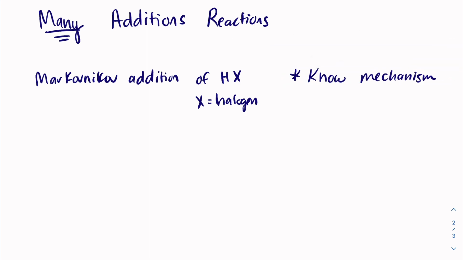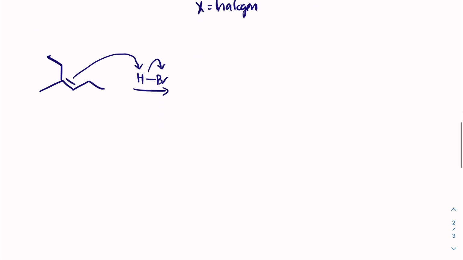So here's an example. First step is our nucleophile, the double bond, is going to attack the hydrogen, which is delta positive in this HBr bond.